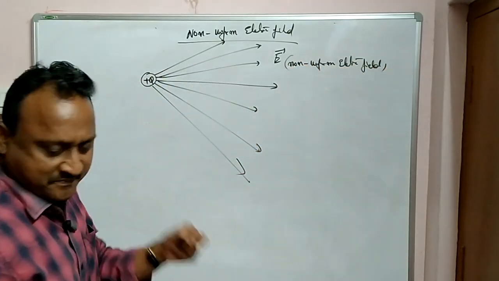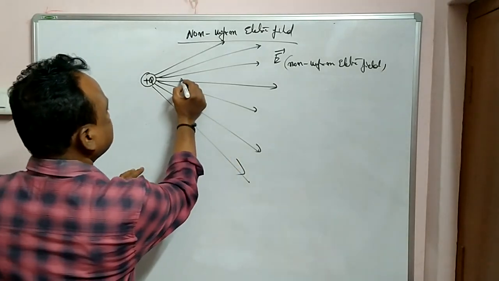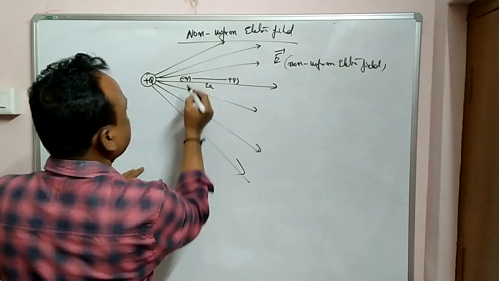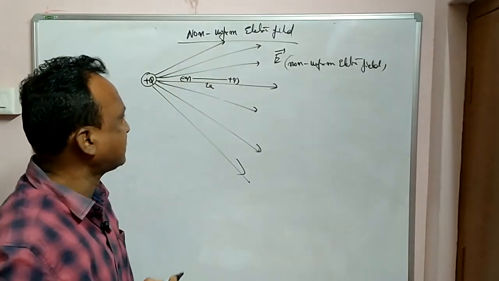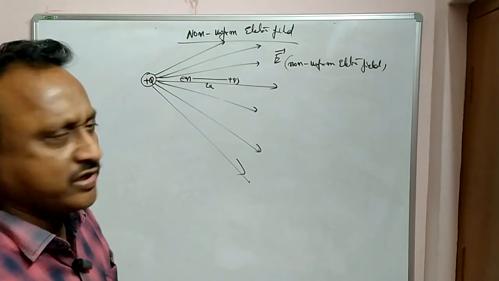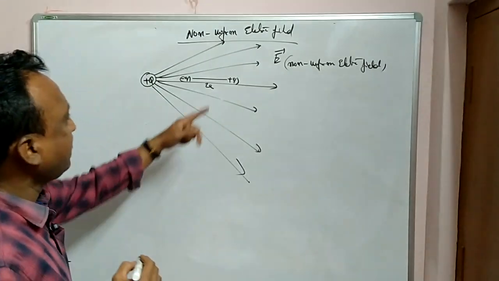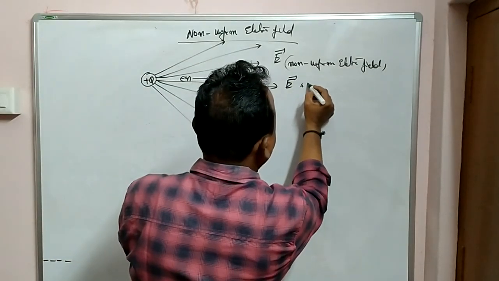So in such cases, an electrical dipole, for example, is present, minus Q and plus Q separated by distance d, in a non-uniform field.